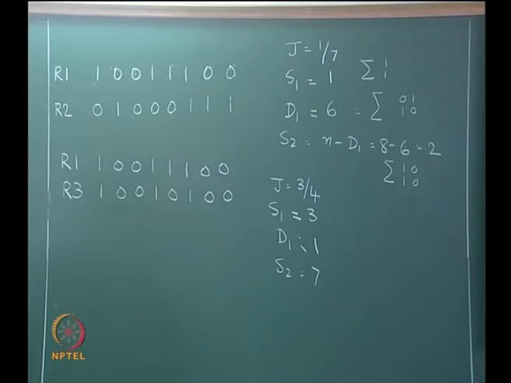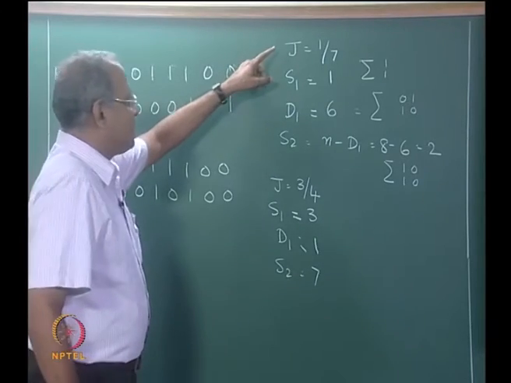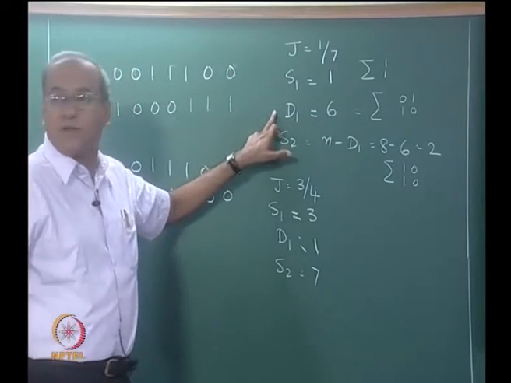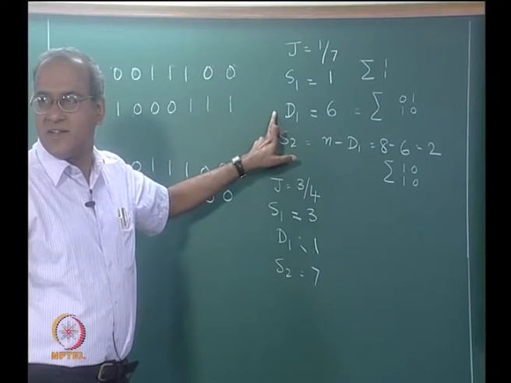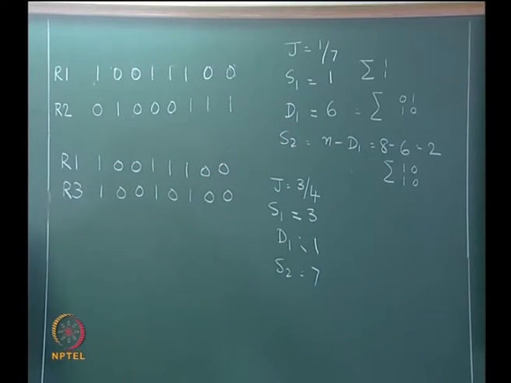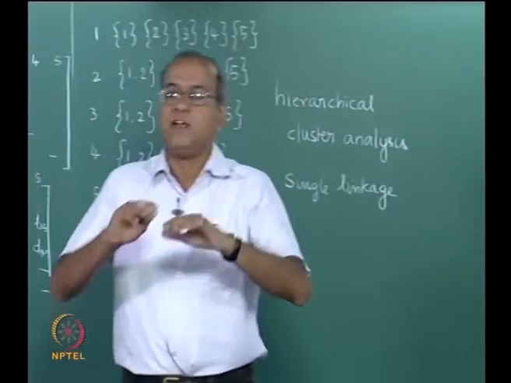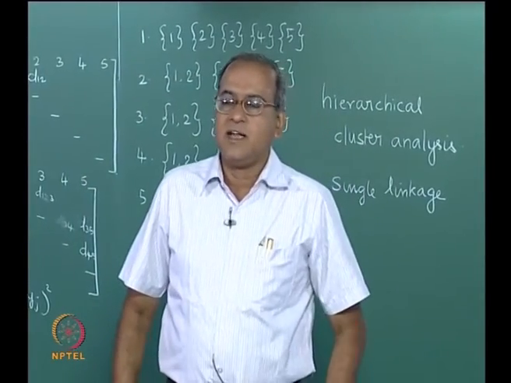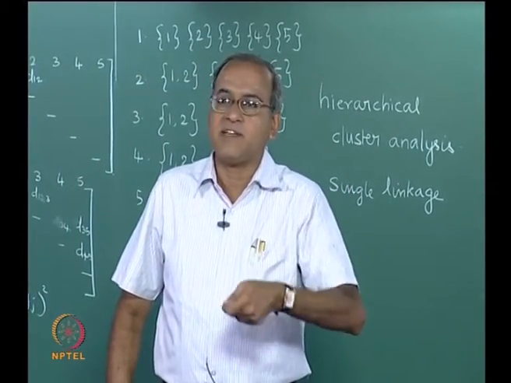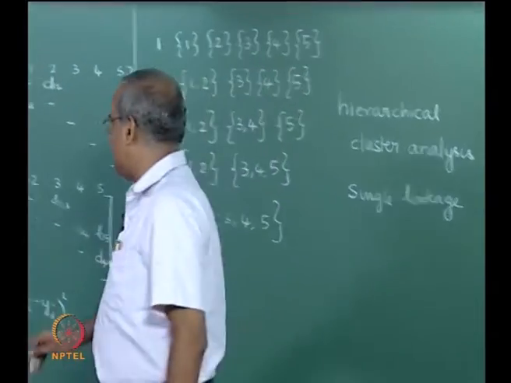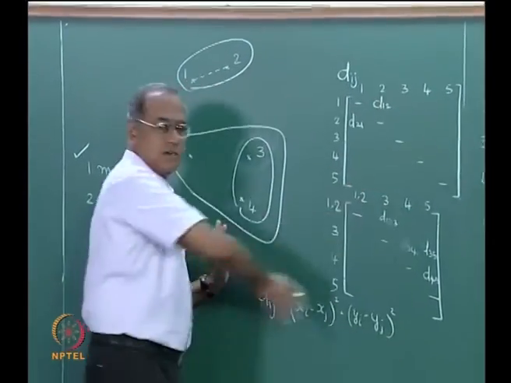Alternately, using the incidence matrix, we could have calculated this distance, and instead of the Jaccard similarity coefficient matrix, we could have used a distance matrix, and then we could have done the clustering by minimizing the distance, which is essentially the same or equivalent to doing this.